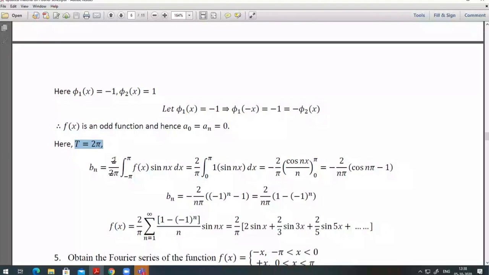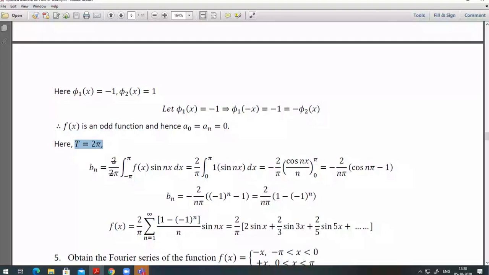That becomes minus 2 by n pi into cos n pi minus 1. Cos n pi is minus 1 power n, and taking the negative sign inside, bn becomes 2 by n pi into 1 minus minus 1 power n.